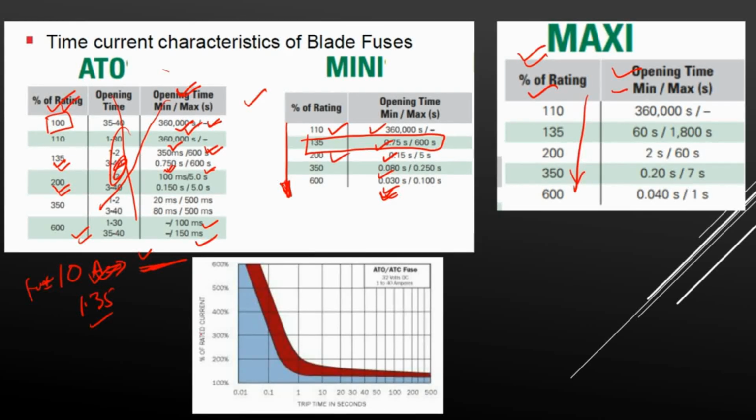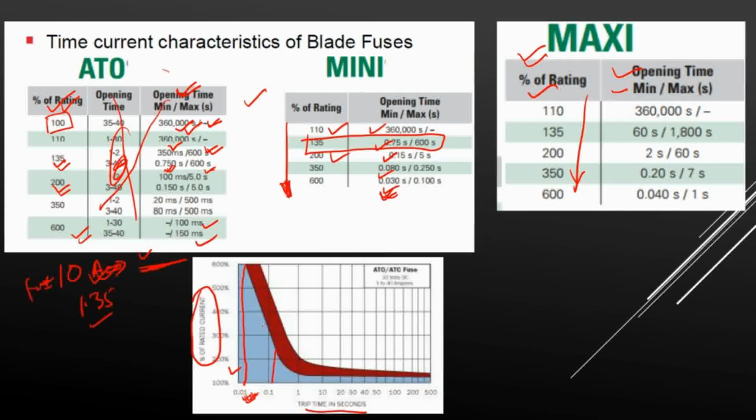From this curve also you can see the percentage of rated current, okay, if it is 200%, this is the trip time in seconds. Trip time is nothing but how fast it is going to blow. So if it is 600% of the rated current, it will blow immediately.